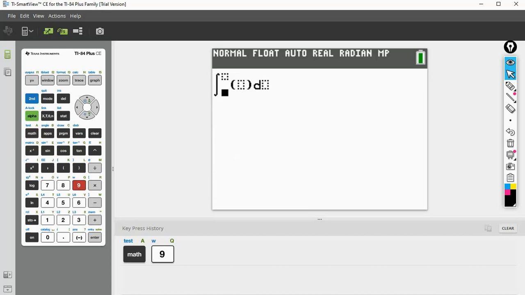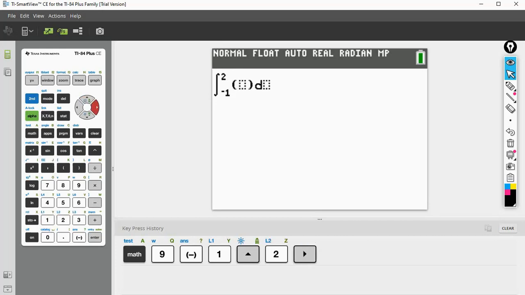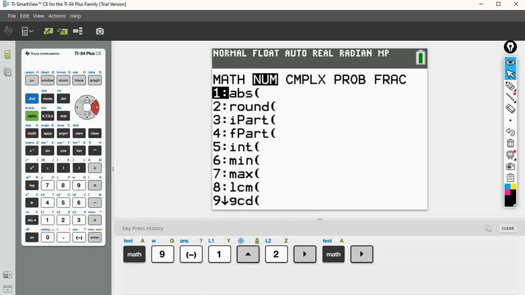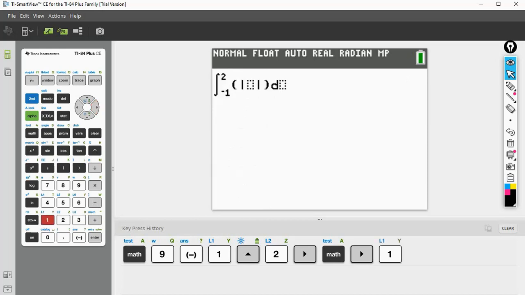So remember that we have to type negative with this symbol here, -1 to 2. And then in order to get the right answer, we need the absolute value. And the absolute value you're going to find also by clicking on math, and then you move 1 to the right, and it's going to be the first option there that says absolute value. So 1, and there we have the absolute value symbol.